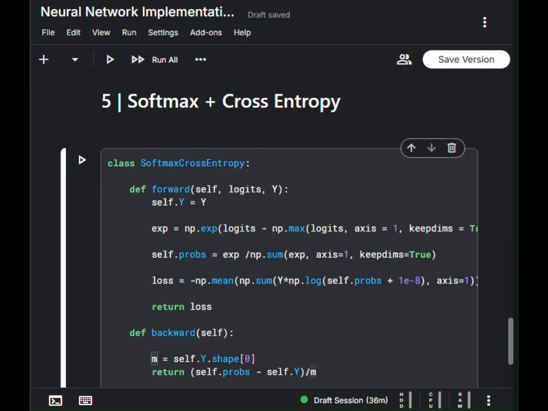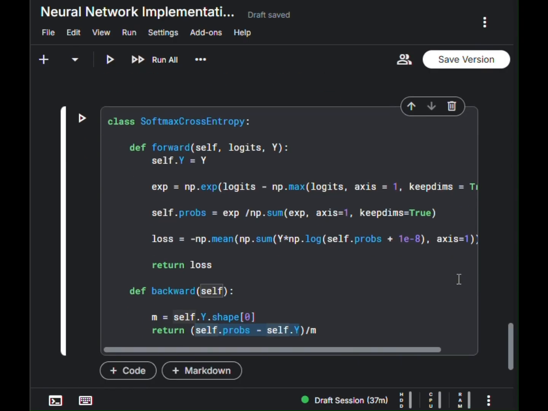So what's happening here is this function calculates the gradient of the loss with respect to the input logits. We are calculating the prediction error here, and then dividing it by m, which is the batch size. So basically we are normalizing it by the batch size.